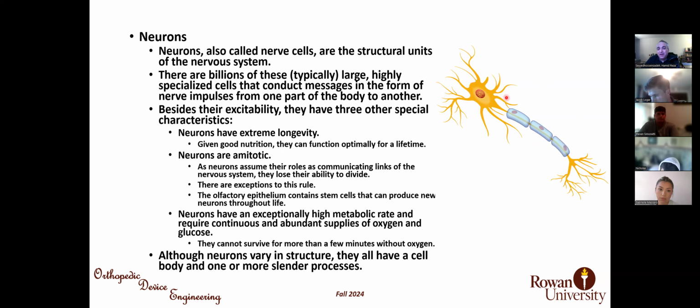Neuron is the basic cell that forms our nervous system and is responsible for all the nervous activity in our cells we have in our body. We have billions of these cells in our brain and spinal cord. The main property of these cells is their excitability.